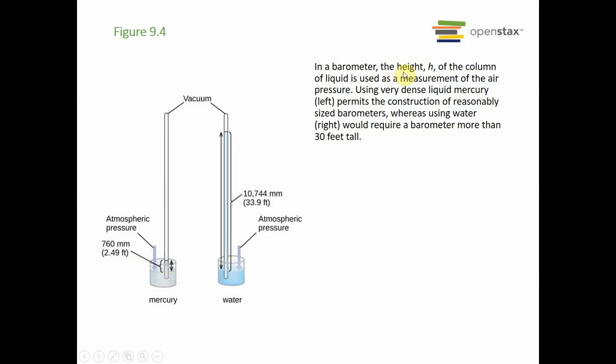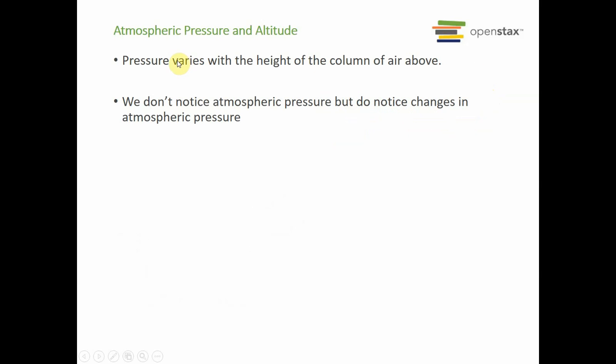In a barometer, the height of the column of liquid is used as a measurement of the air pressure. Using very dense liquid mercury, left, permits the construction of reasonably sized barometers, whereas using water, right, would require a barometer more than 30 feet tall. Pressure varies with the height of the column of air above.